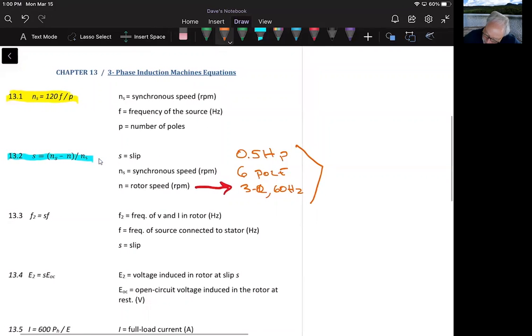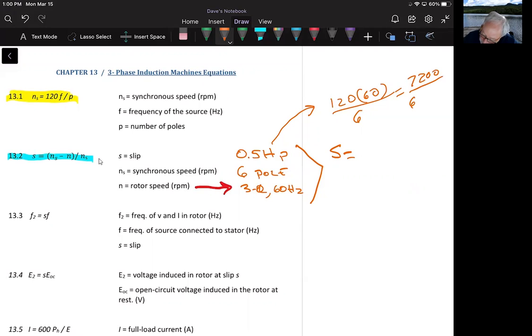The equation says slip is equal to synchronous speed minus rotor speed. So I can take my information and go back to equation 13.1, 120 times 60, because it's 60 hertz. It's 6 poles. 60 times 120 is 7,200 divided by 6.